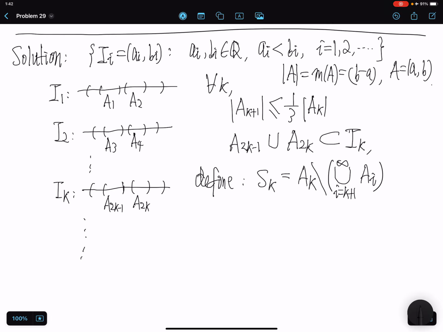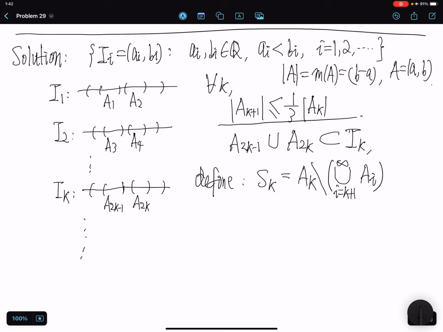So basically we start with A sub k, but subtract all the following ones. This is our S sub k. The reason we impose this condition on A sub k is because we want S sub k to have a positive measure.